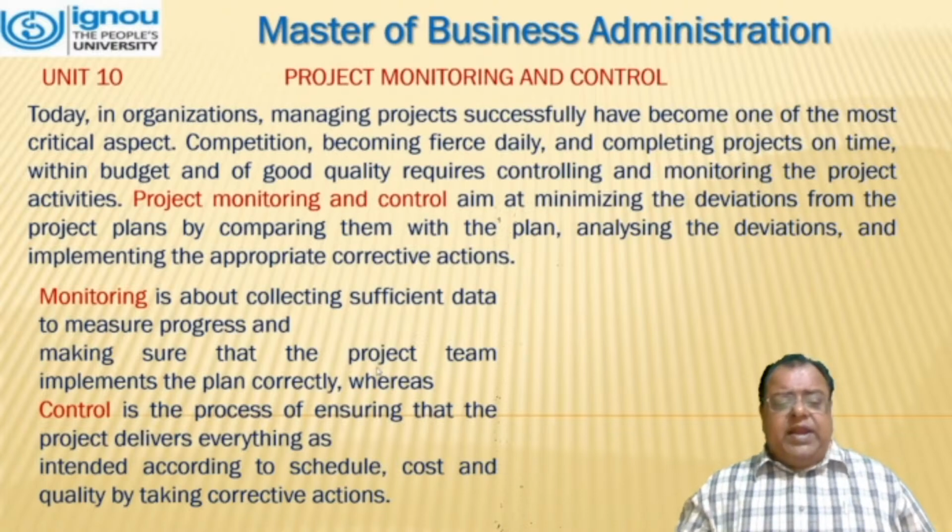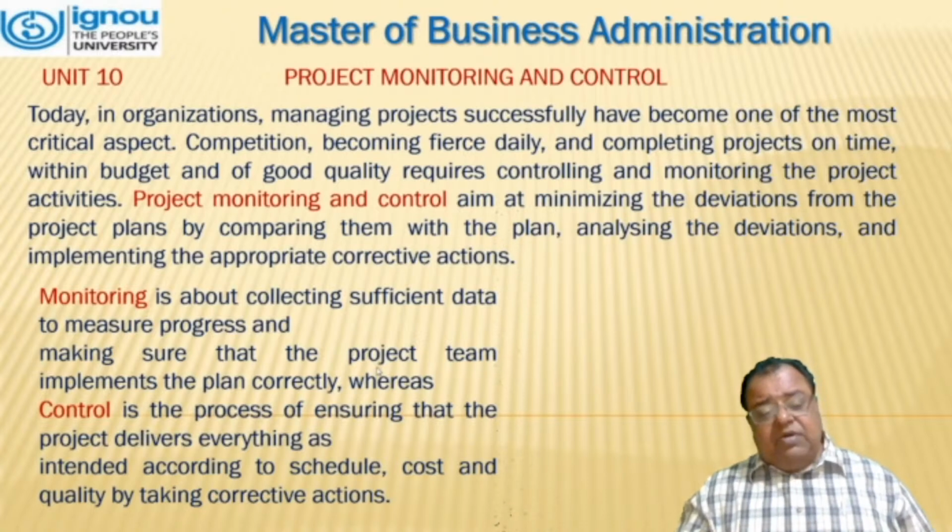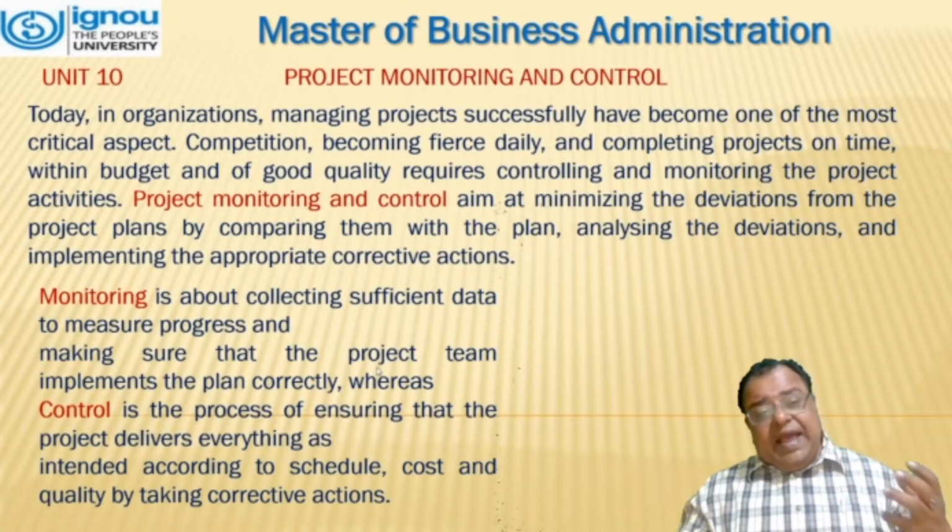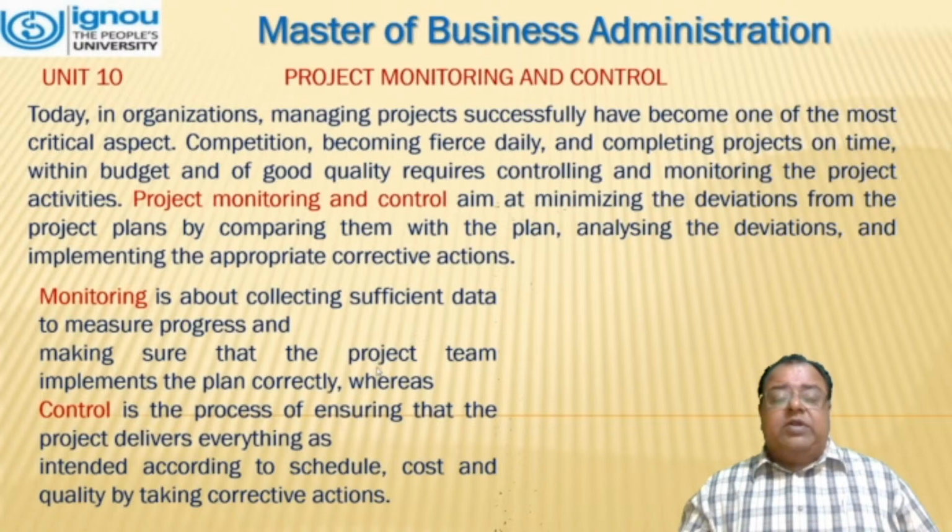Monitoring is basically about collecting sufficient data to measure progress and make sure that the project team implements the plan correctly. Whereas control is the process of ensuring that the project delivers everything as intended according to schedule, cost, and quality by taking corrective action.